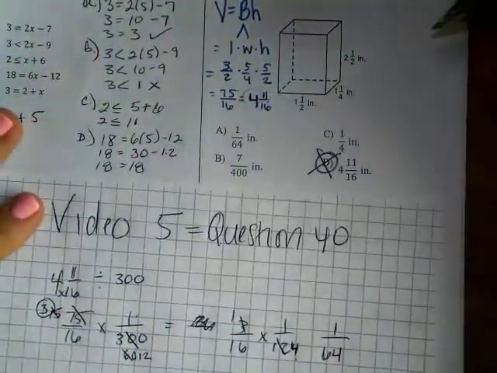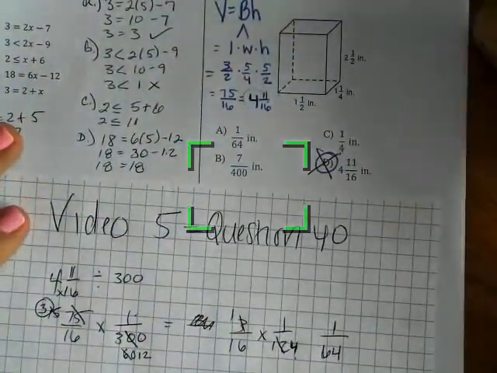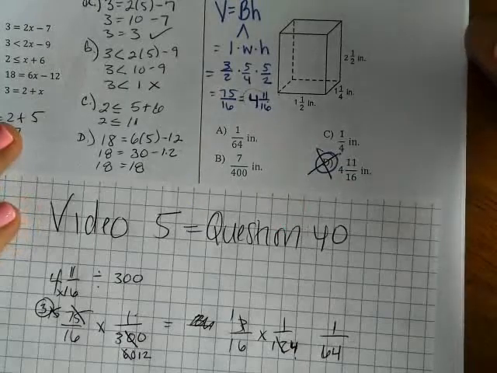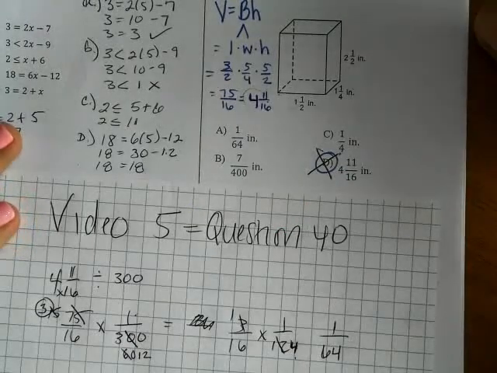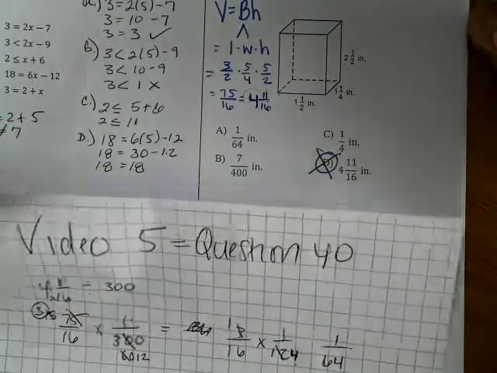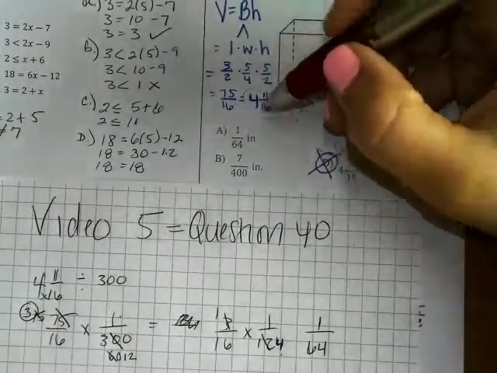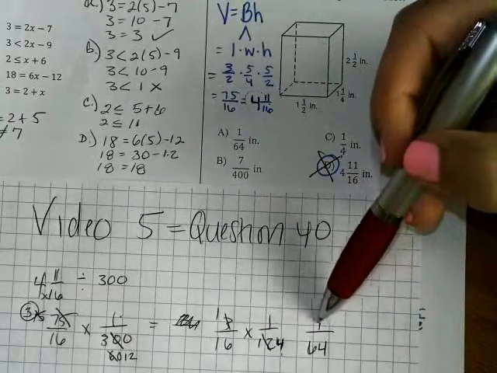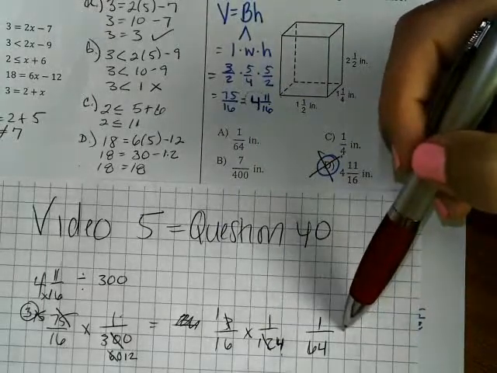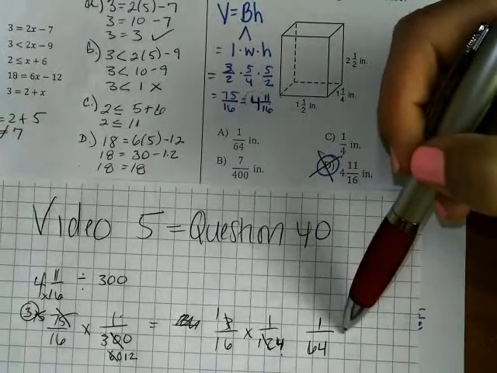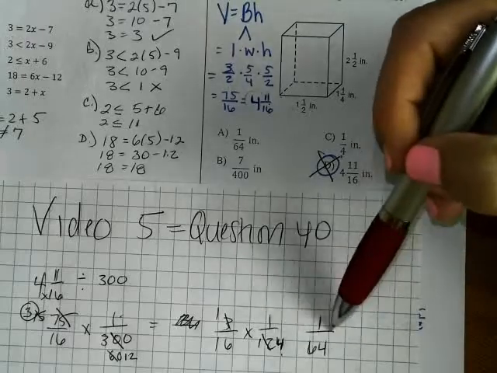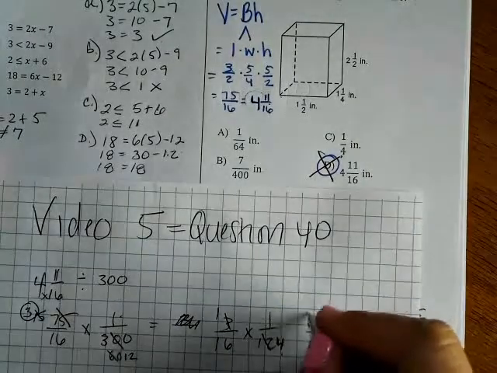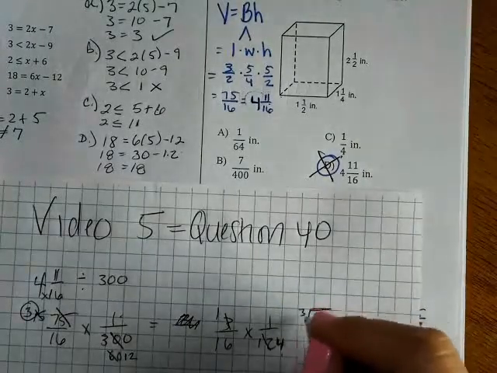Well, that gives me 1 over 64, but that does not represent the size of it. This is the volume of each cube. So you want to find the cube root.